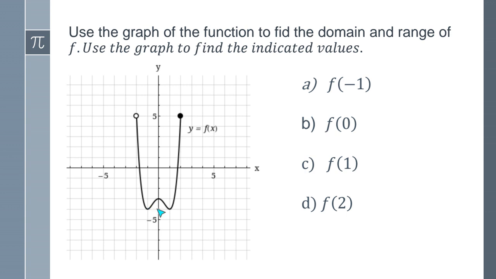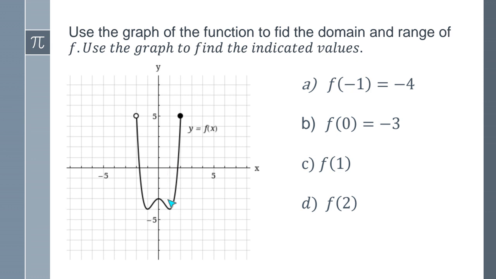f of 0, here's my 0 for x. I'm going to go down, and this y value is going to be -3. And then we have f of 1.